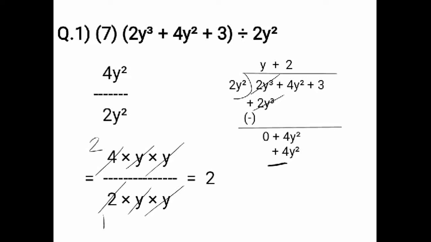The plus sign will become a minus sign. 4y square minus 4y square, the answer is what? 0. Cancel both 4y square and then write 0. Plus 3, you have to bring it down now. Third term.